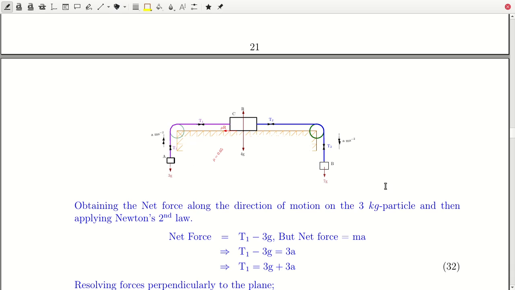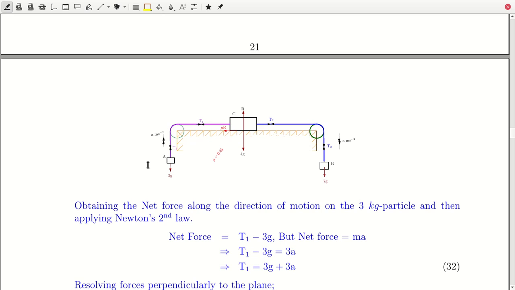By observing these 2 particles, the one with the weight of 7g is heavier than the one with the weight of 3g. So the motion will take place in the direction of the weight of 7g because it is heavier than the other one. This will cause the 7 kilogram mass to move downwards and the 3 kilogram mass to move upwards.